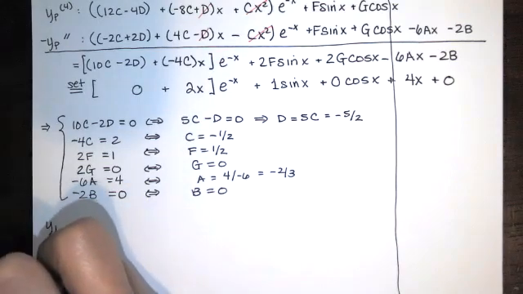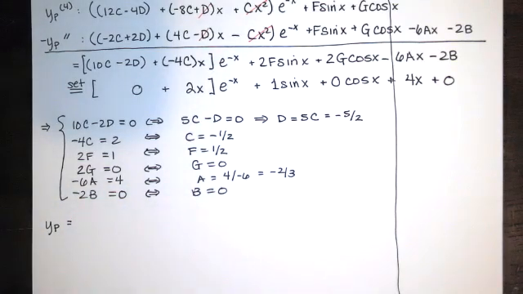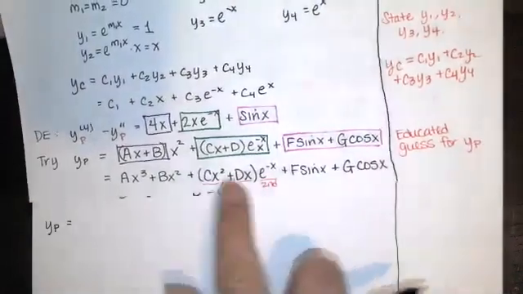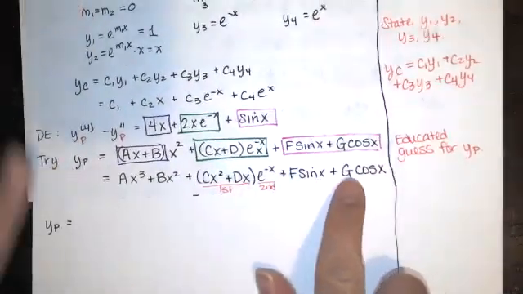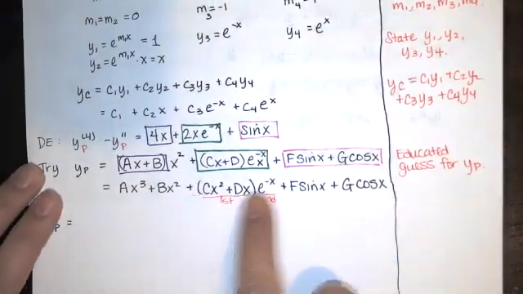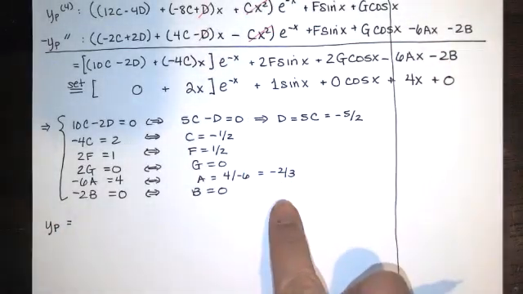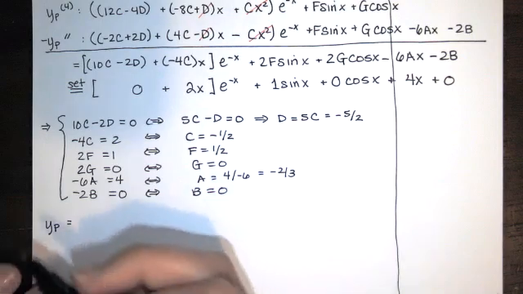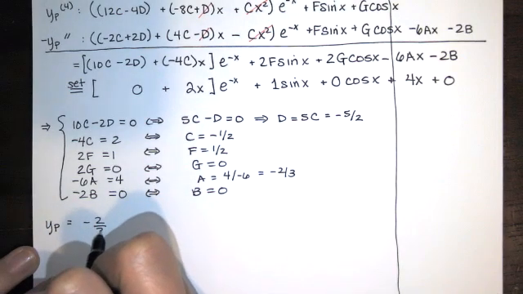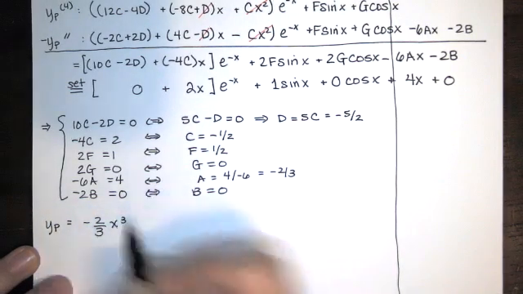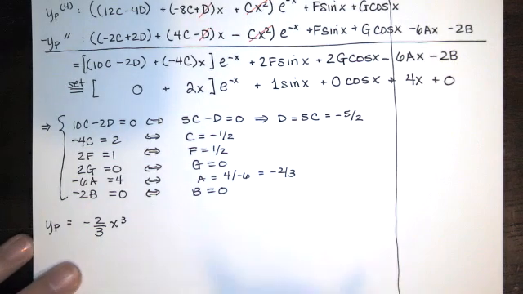So y sub p equals this. Remember this guess from a long time ago? It's equal to this, where a, b, c, d, f, and g are the values on this list. So a was -2/3. So we have -2/3, that was our a times x cubed, plus b times x squared, so we have 0x squared, it turns out.